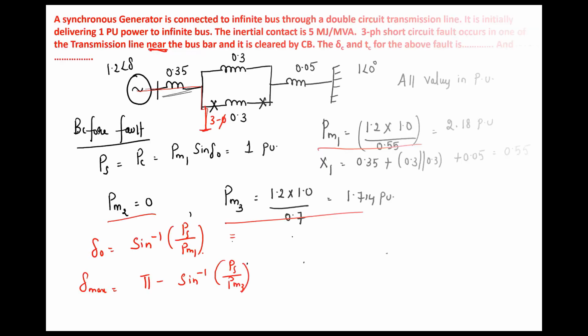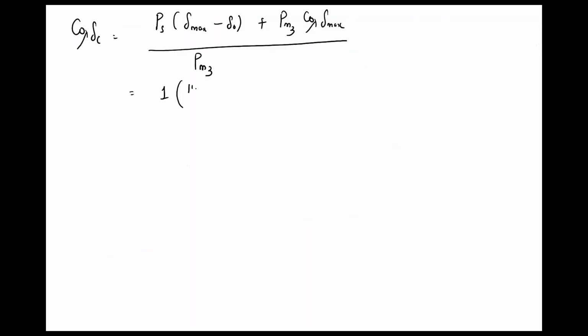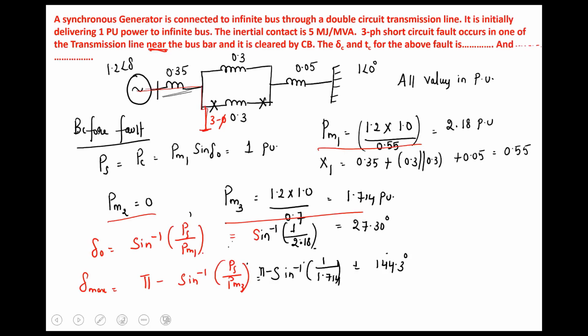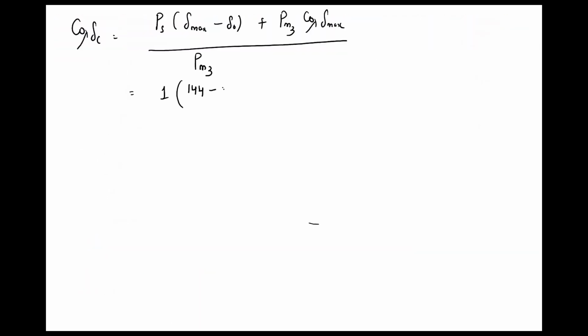So I'm going to substitute these values as 144 minus 27.3 degrees.